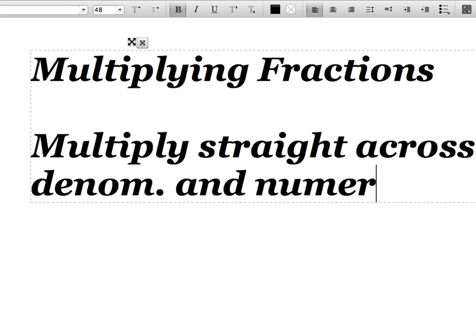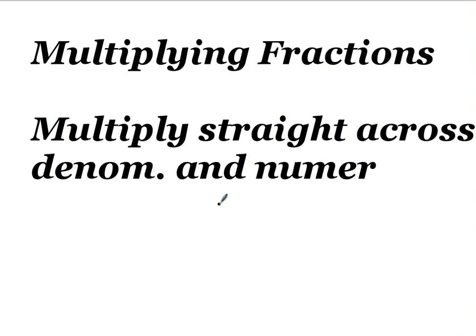You do not need to get a common denominator, you just need to multiply straight across. If you remember those simple steps, you will be successful in your math journal pages. Good luck.